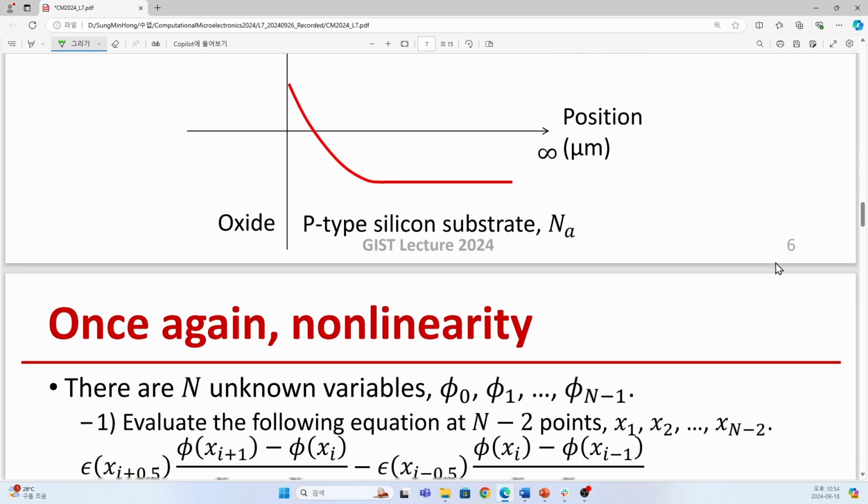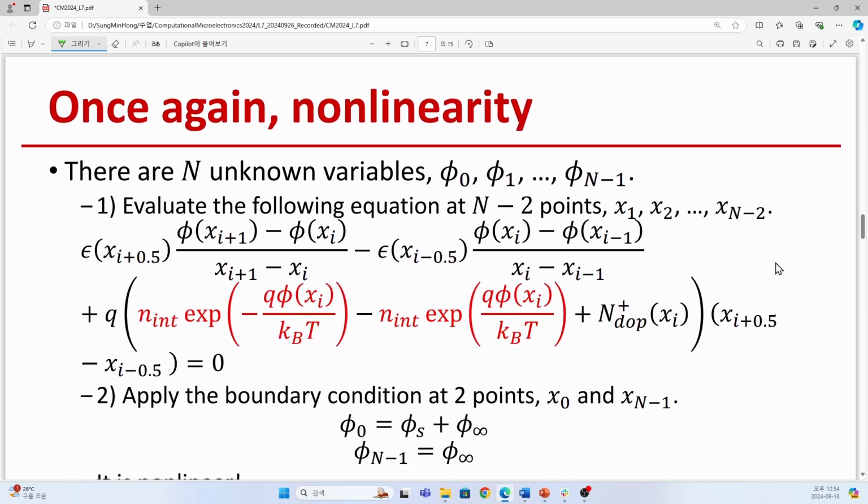So now let's go to the real implementation. We have n unknown variables because we have introduced n discrete grid points: the electrostatic potential evaluated at x0, the electrostatic potential evaluated at x1, and so on.